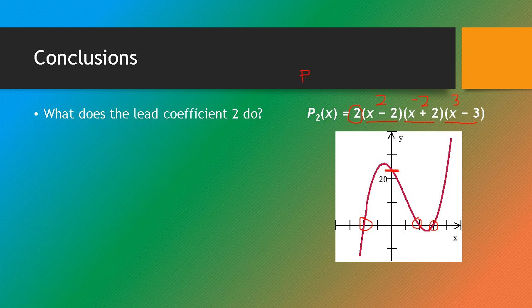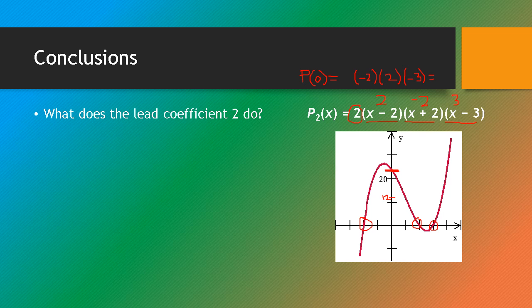Well, if we plug in 0 for x, the first factor will turn into a negative 2, the second factor will turn into a positive 2, and the third factor will turn into a negative 3. And if we just multiply those out, we would get negative 2 times 2 is negative 4, times negative 3 is positive 12. But notice that positive 12 would be more down here.